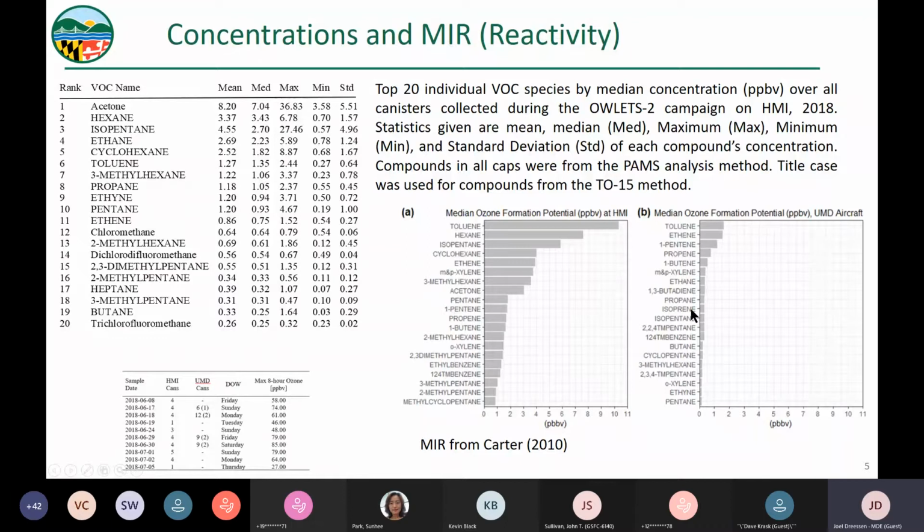For instance, isoprene does not make the top 20 list for Hart-Miller Island. It's way down on the list. So toluene, hexane, isopentane are way up there because of their concentrations. Ironically, acetone is not very reactive, but it actually is pretty high up on the list simply because it's got a really high concentration.